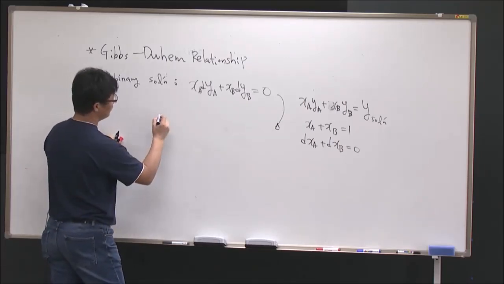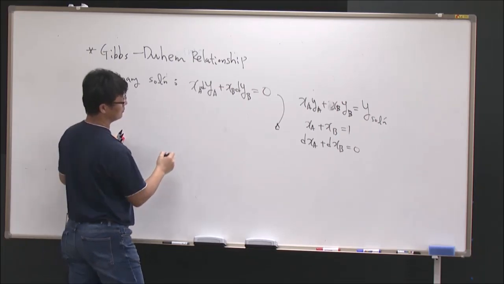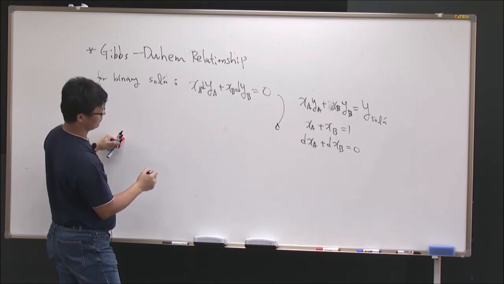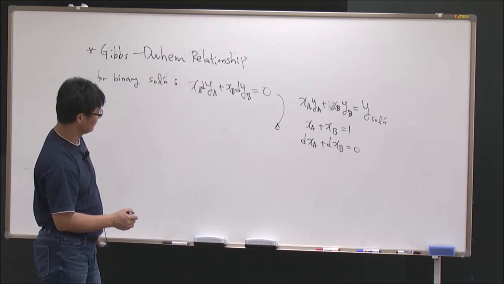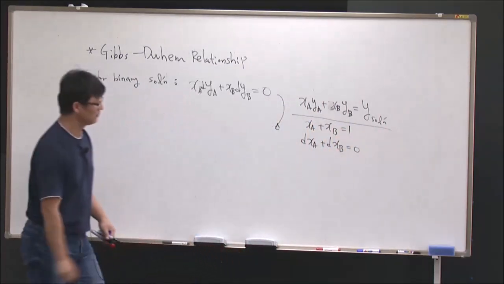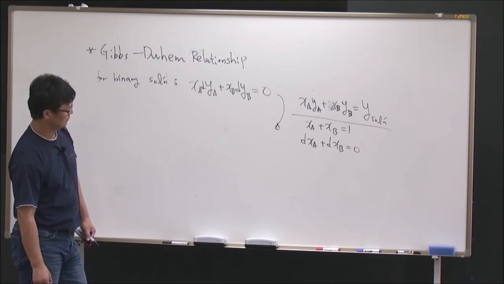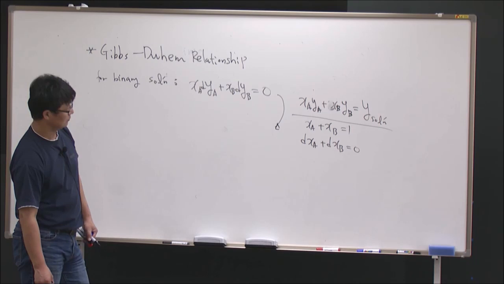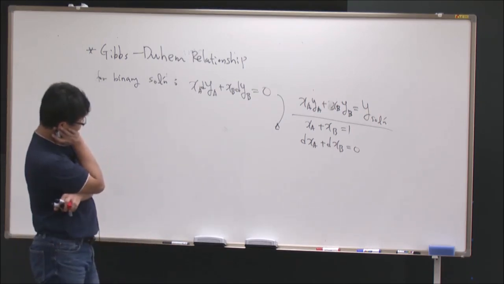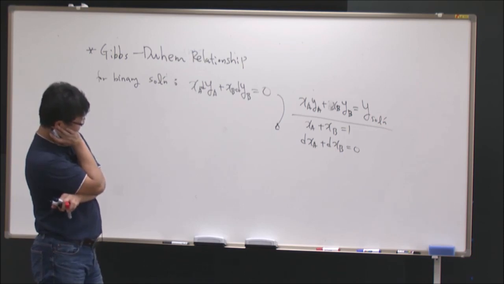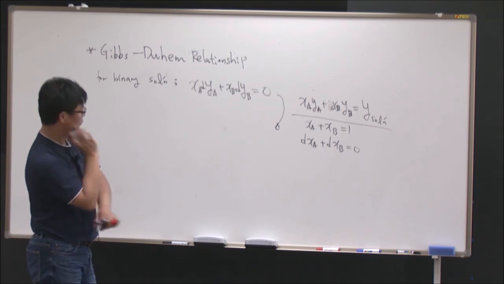So let's take from here: xA yA plus xB yB equal to y of the solution. Am I doing okay?